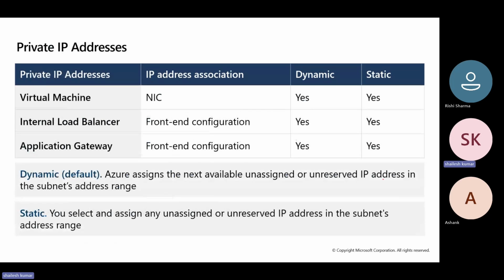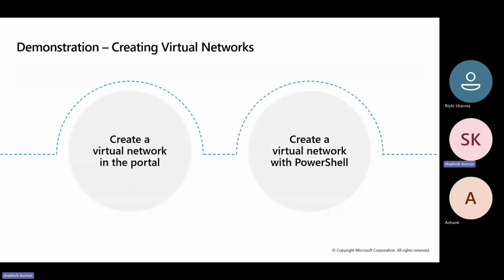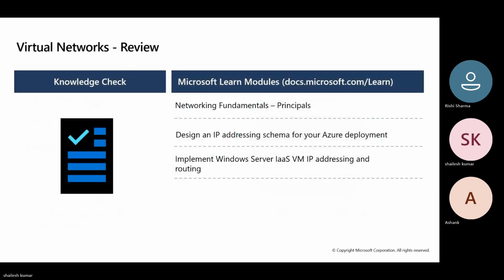Private IP address you can assign to virtual machine, internal load balancer, and application gateway. Virtual machine we already discussed. Internal load balancer and application gateway we will discuss later on. Then you have demo. We already know how to create a virtual network.